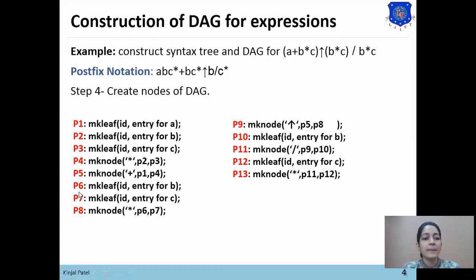So here the P6 node will not be created and this node will be named as the P2 repeated node. Same, the P7 node will not be created, so we'll rename this function as P3 node. Same, the P8 node will not be created, so we'll rename this function as P4.